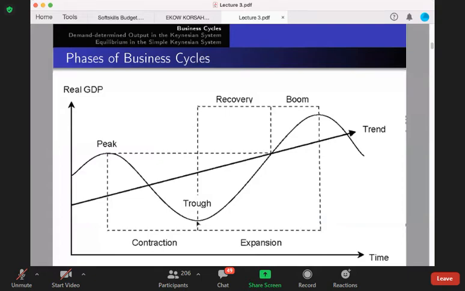One of the propositions from John Maynard Keynes was to increase aggregate demand. How can we increase aggregate demand? Let government spend. What leads to the recovery depends on an economic diagnosis of what really caused the economy to come down to that trough.